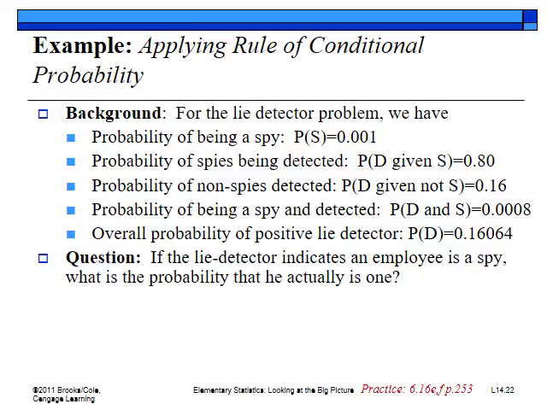So let's say that the lie detector indicates that an employee is a spy. What is the probability that he actually is a spy?